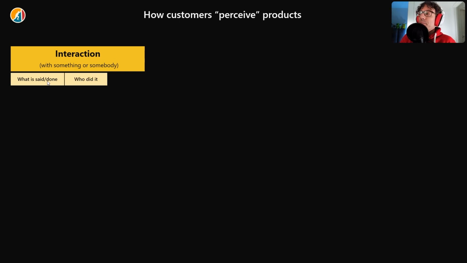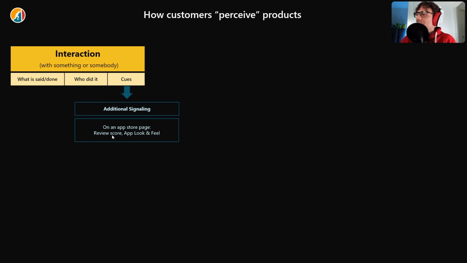What is said, who is saying that, because it's not the same if we as a company are saying that or a friend is telling you that, and something that we will call cues. Cues are additional signaling that are not part of what is said, the text, or the who. Things like when you're looking at an app store page, the review score, or even the app look and feel. There is additional information there.